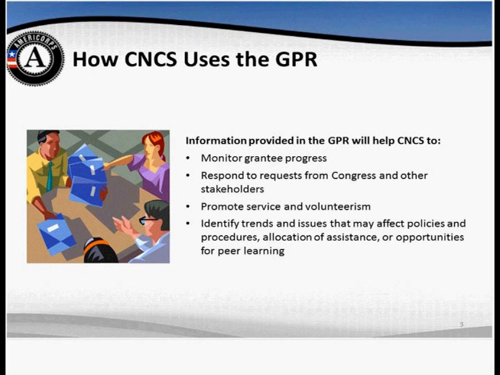They roll up the data across all the programs in order to represent the impact of these federal dollars. In addition, program staff at CNCS use this information to monitor grantee progress and identify trends and issues that may lead to changes in policies and procedures. Also, the information informs the allocation of training and technical assistance resources or opportunities for peer-to-peer learning.